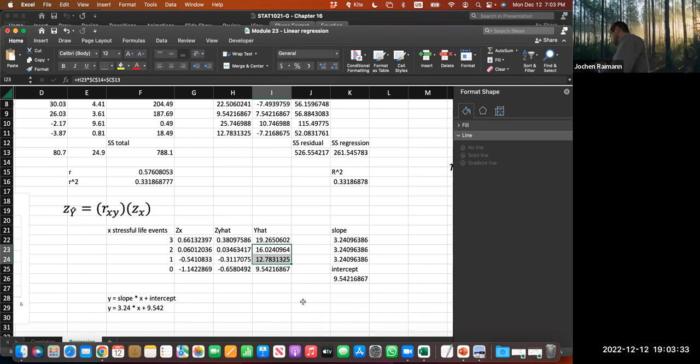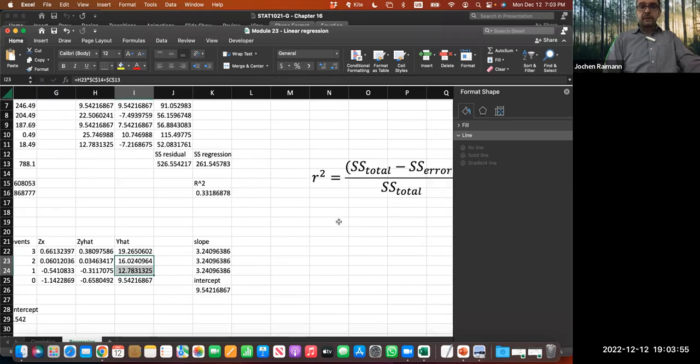But you can say, okay, this individual in front of me has like 15 stressful life events. What do I think, based on my function, his depression score will be? So you can continue this in any direction. And you will actually find an example like that on the homework.